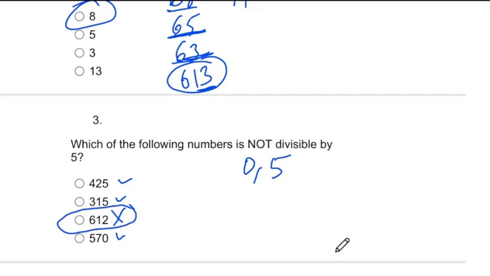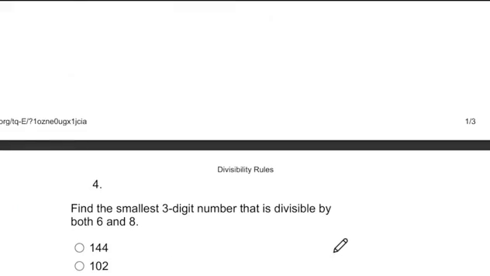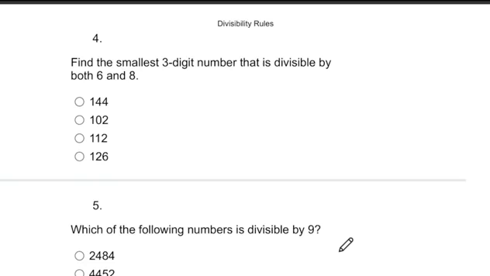All right, so we'll go to question 4 right now. Find the smallest 3-digit number that is divisible by 6 and 8. So what we want is a number that is divisible by 6 and also divisible by 8.